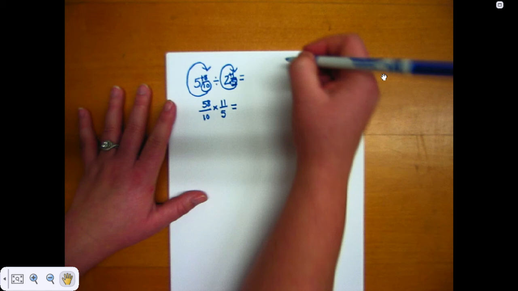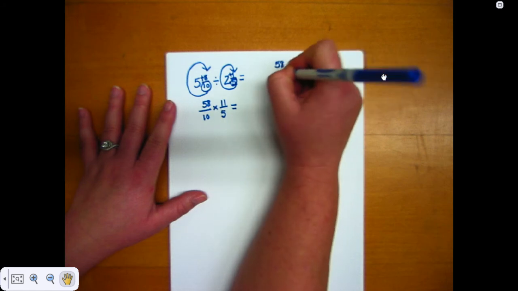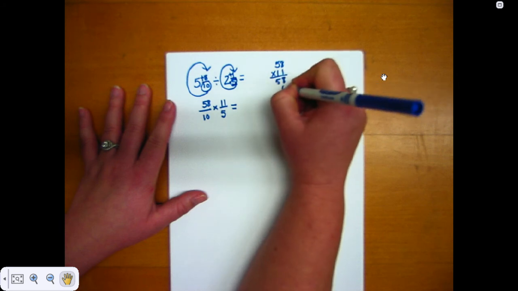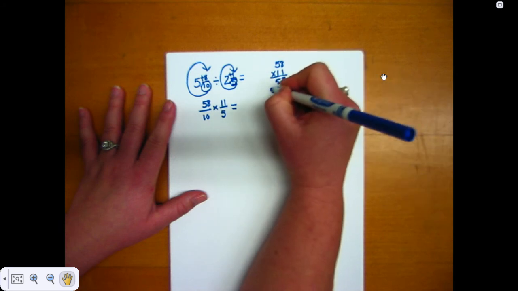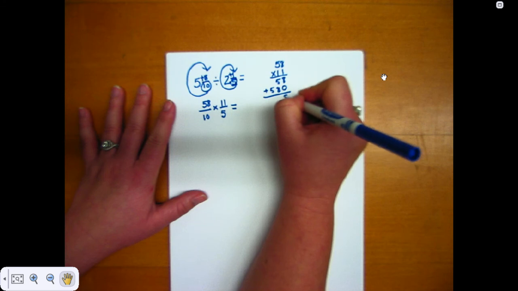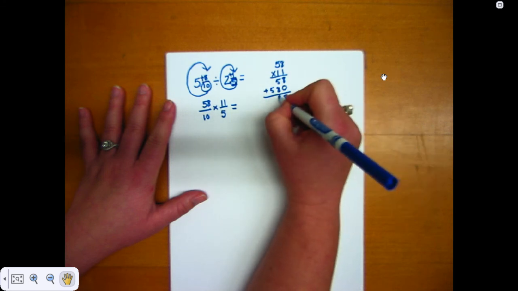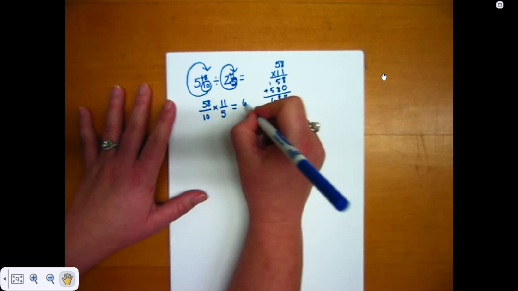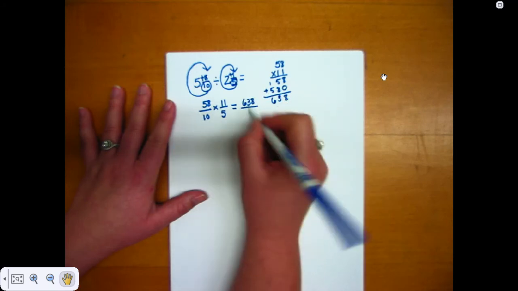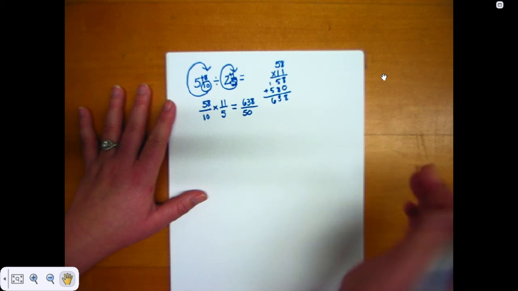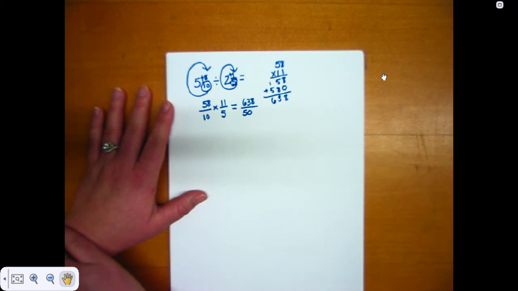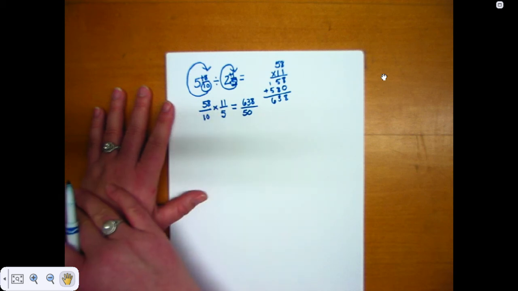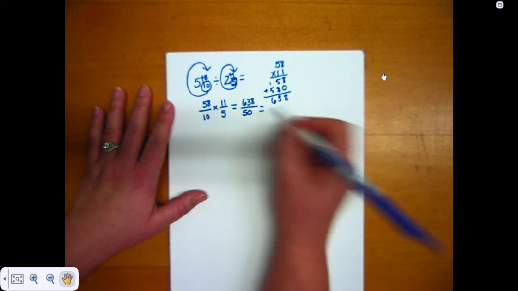I don't know what 58 times 11 is, so let's try. We know that's going to be 58. Don't forget your 0. 638 over 10 times 5 is 50. Okay, so it is a positive times a positive, so our answer is positive, and let's convert that to a proper fraction.